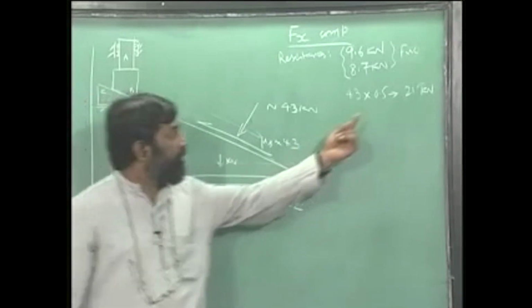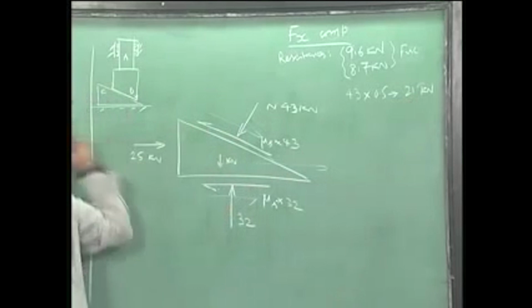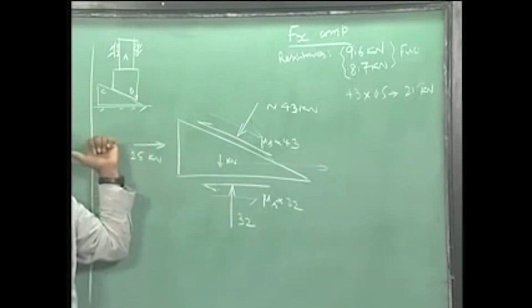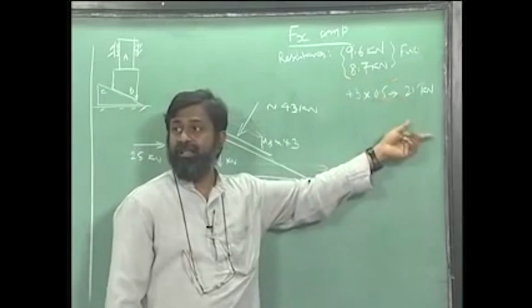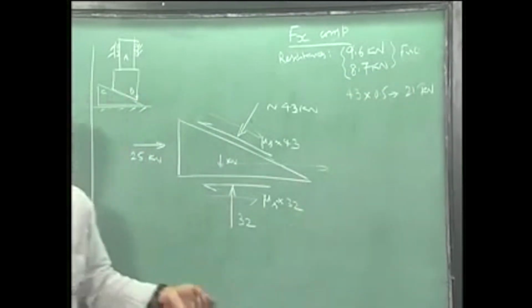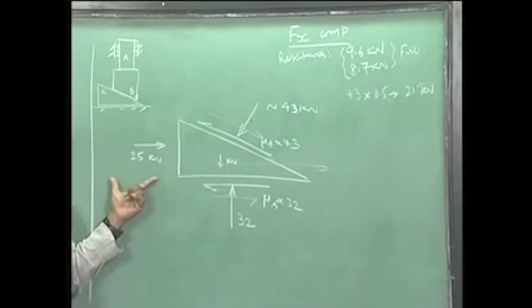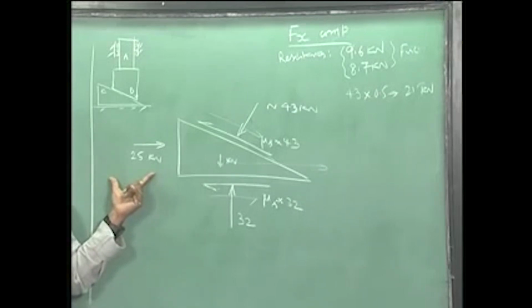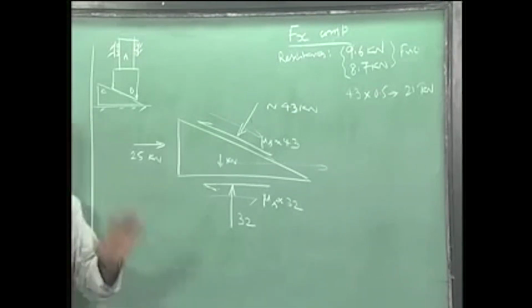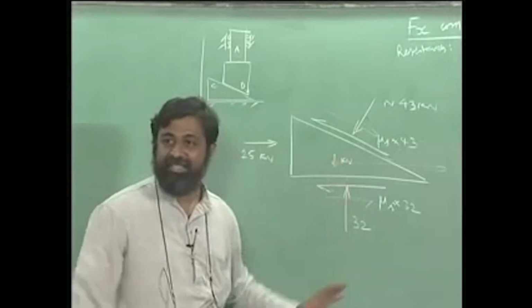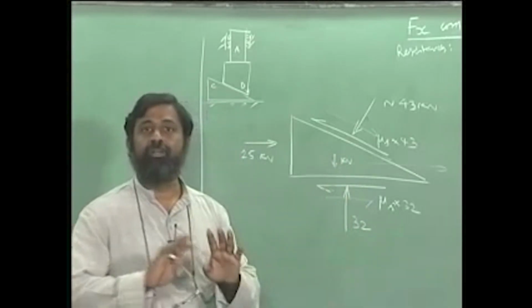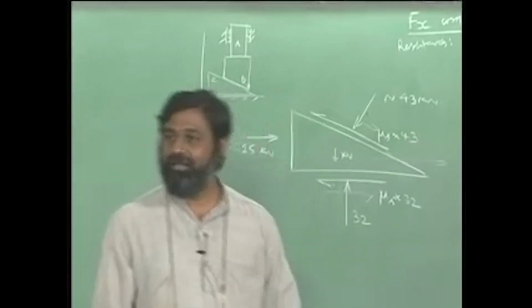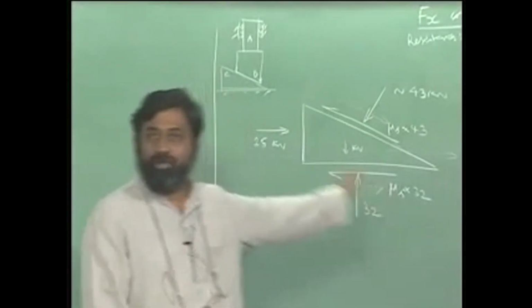Therefore 21 kilonewtons should be able to push this to the left, but the resistance by friction itself is 18, and the remaining 3 or 4 kilonewtons is automatically offset by this 25 kilonewtons, which means that this wedge C is also in the static condition.